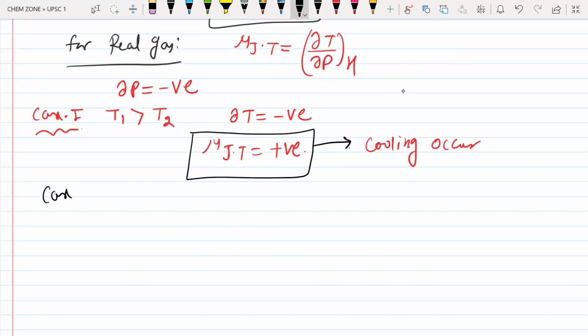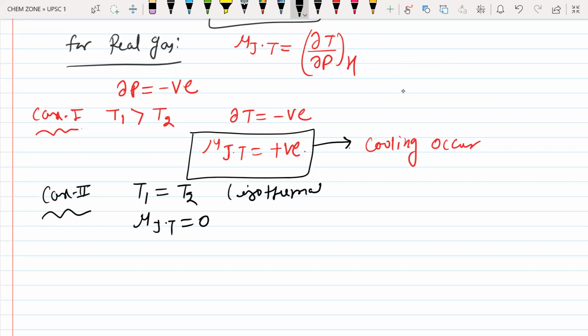In reverse, we can write that positive value of Joule Thomson coefficient suggests that cooling occurs. Now, taken as case 2, where both the temperatures become equal. If there is no change in temperature, final and initial temperature are taken as equal. We can say that isothermal process, mu JT will be 0. So this temperature is called inversion temperature.